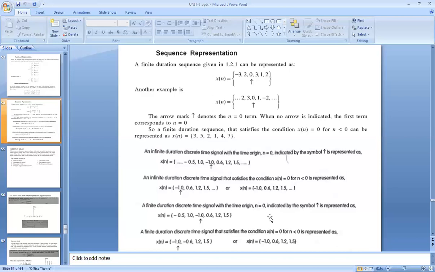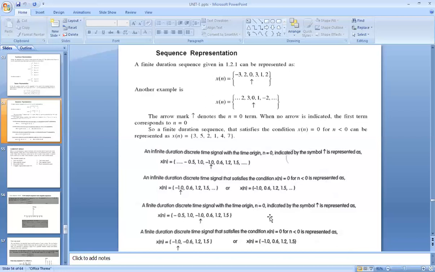Similarly, finite duration sequences are also given. Finite duration examples are given like this: a finite duration discrete time signal with the time origin n equal to 0 is indicated by a symbol, the arrow mark. It is represented as x of n is equal to {minus 0.5, 1.0, minus 1.0, 0.6, 1.2, 1.5}. The arrow mark is written below minus 1.0.